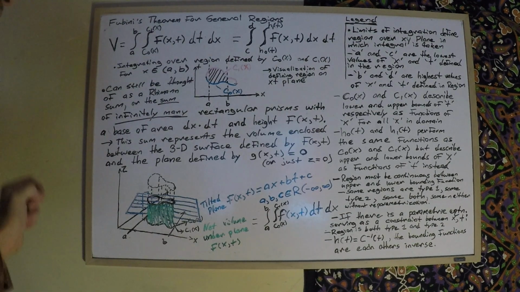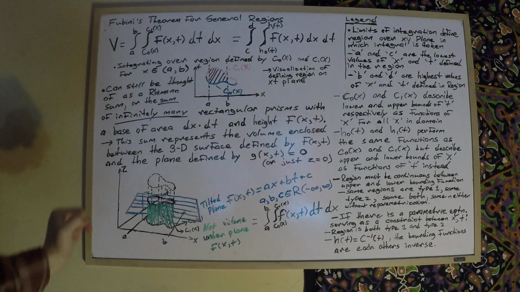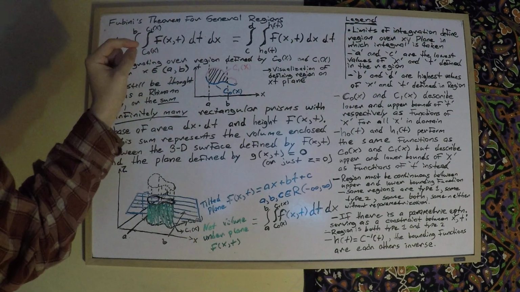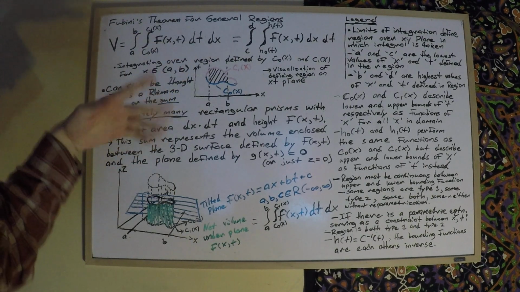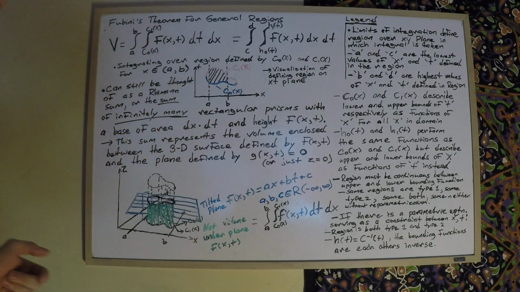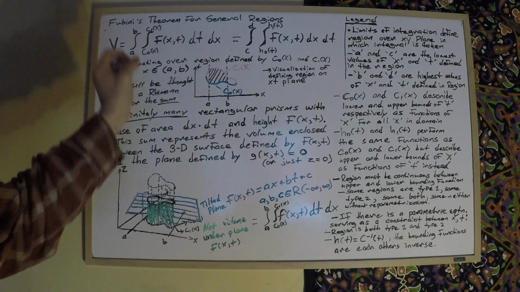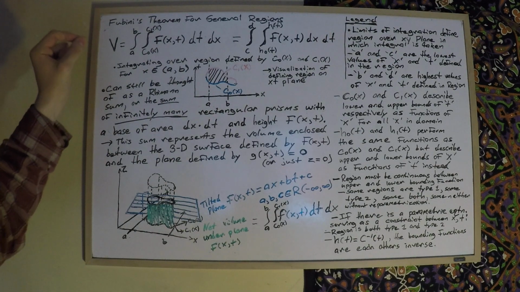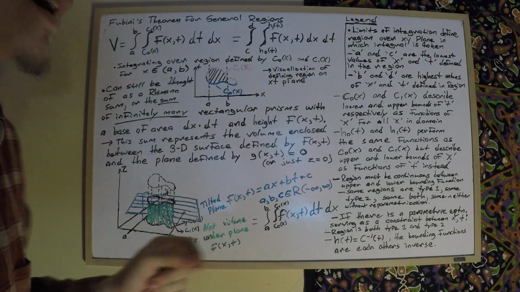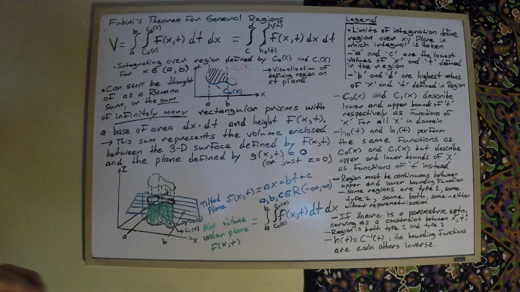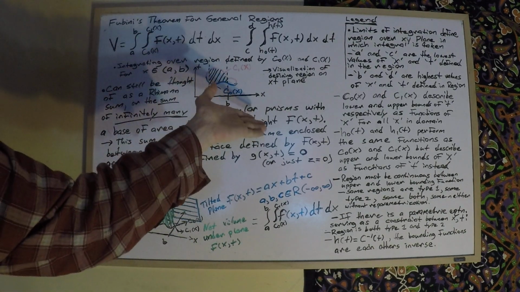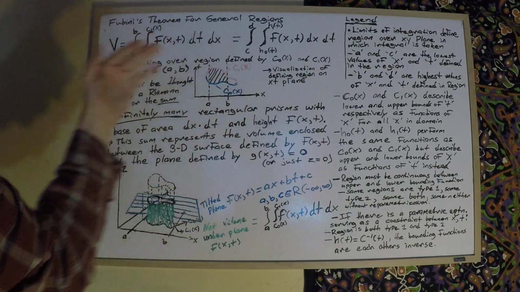This is the three-dimensional equivalent. We're taking the sum of infinitely many rectangular prisms, the volumes of these rectangular prisms, with a base of an area of dx multiplied by dt, and height f of x and t, or some function of x and t.